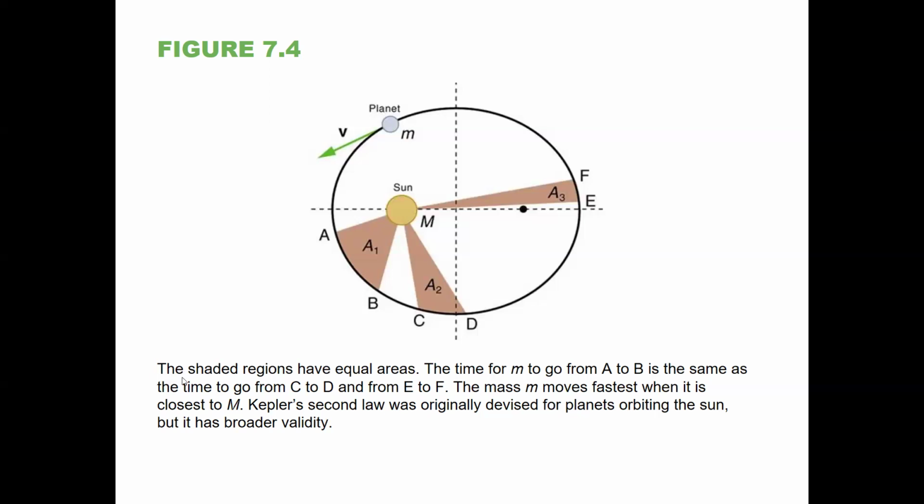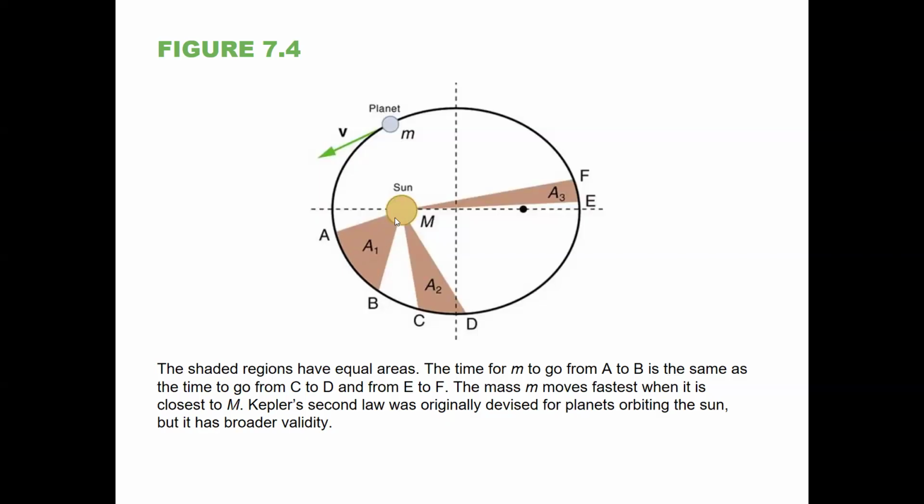So here we learn that the shaded regions have equal areas. So for example, this is the center, M. If you make a line, like let's say the planet now has arrived to point A, then traveled to point B and stopped.